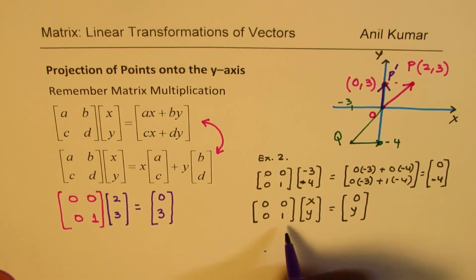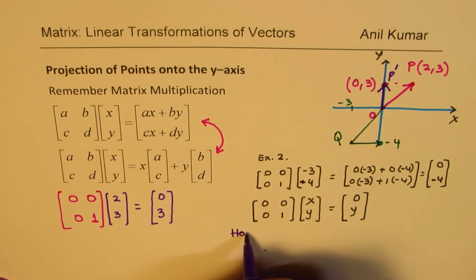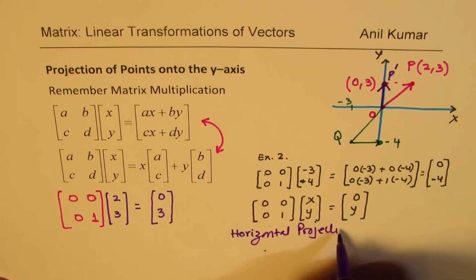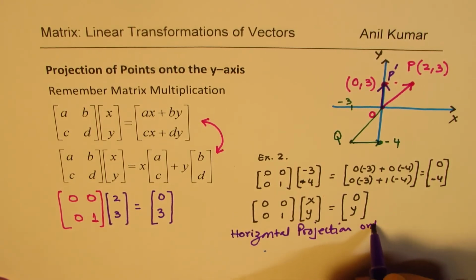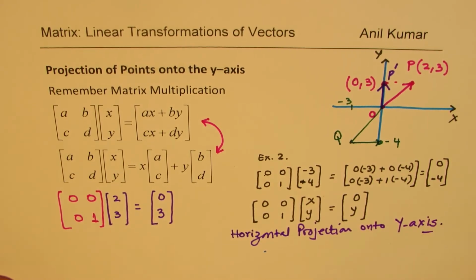So that is your horizontal projection onto the y-axis. Is that clear? Perfect. So that is how we can visualize it, see it geometrically, and develop our matrix. I hope you're getting insight to it.